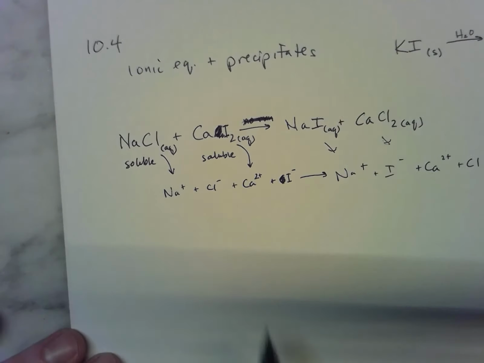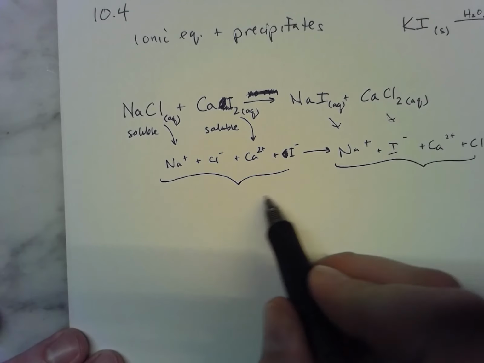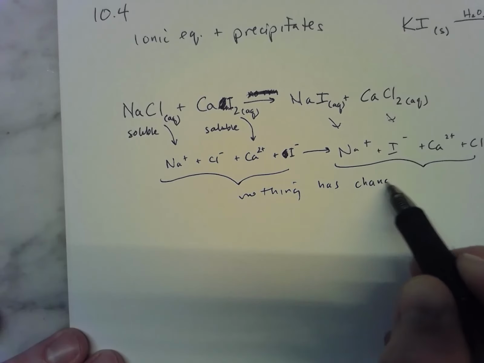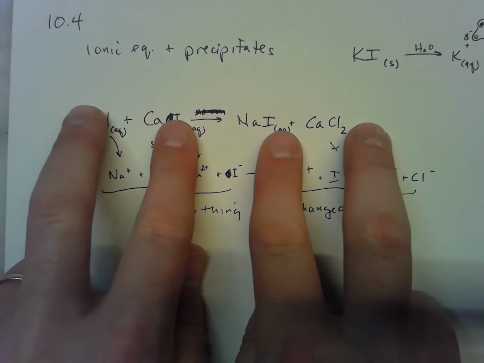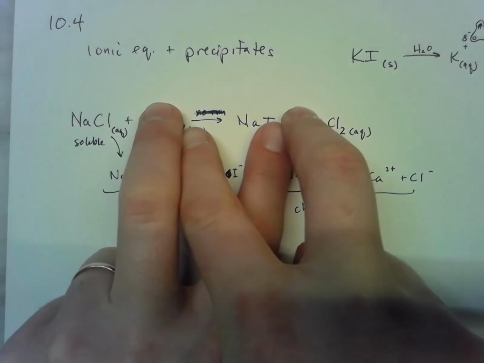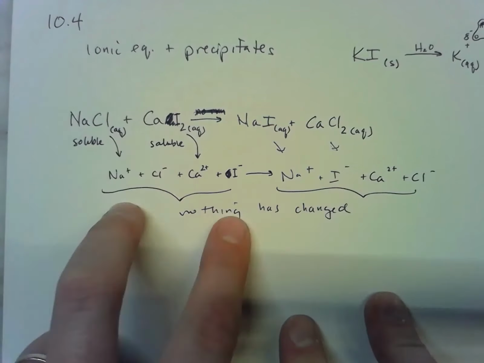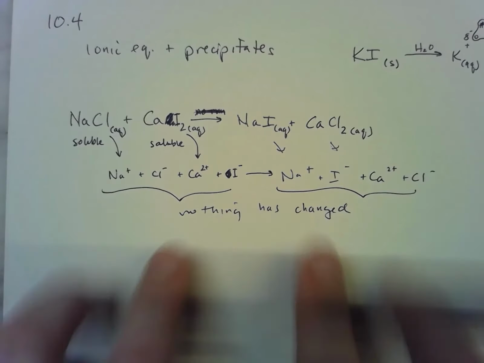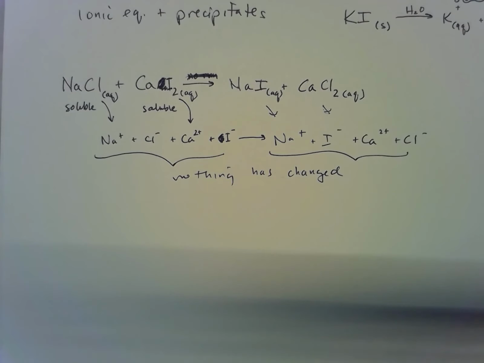All right, so you see this and this, nothing has changed. Okay? So we could say these come in here and these swap, and then we have a double replacement or double displacement, right? But if it starts out completely disassociated, and then these are completely disassociated, nothing has changed, so there is no reaction.